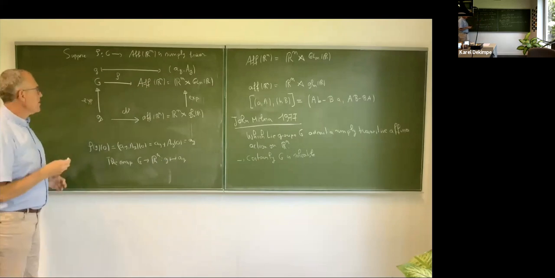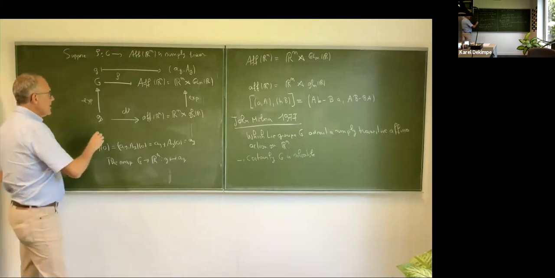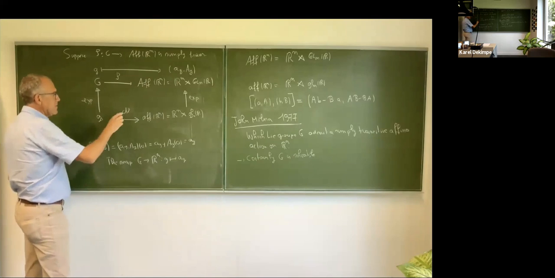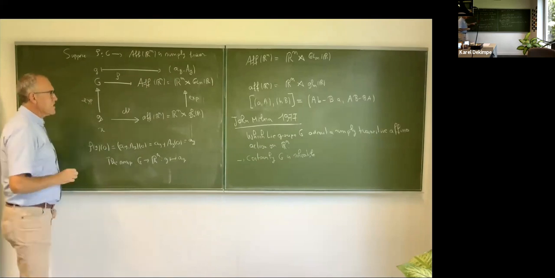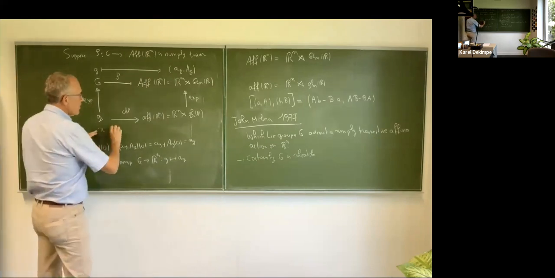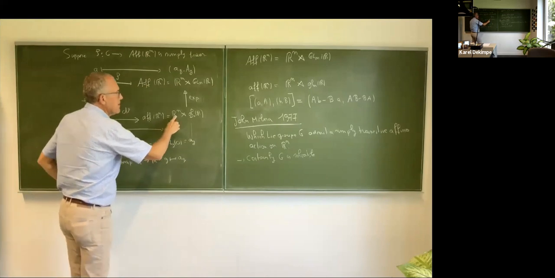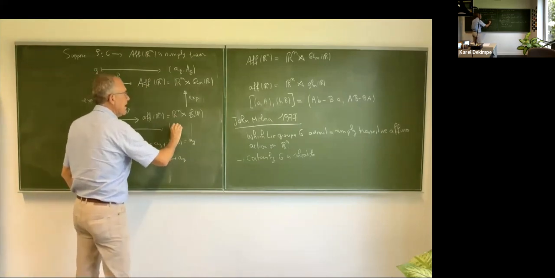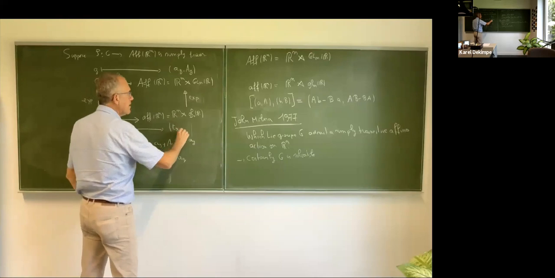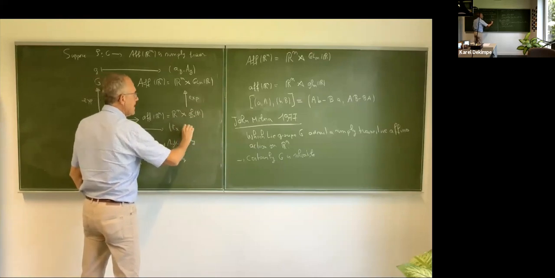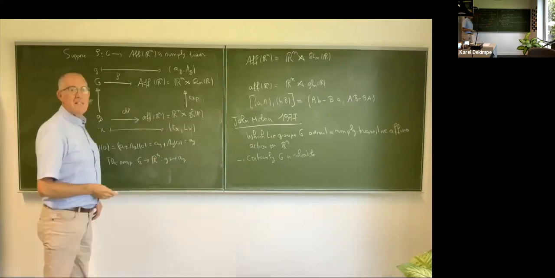It's not at all trivial, but this implies that the map d rho sends an element x to an element in Rn, let me say T of x, T for translation part, and L of x for the linear part of x.